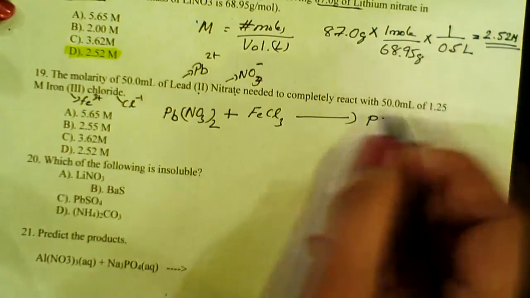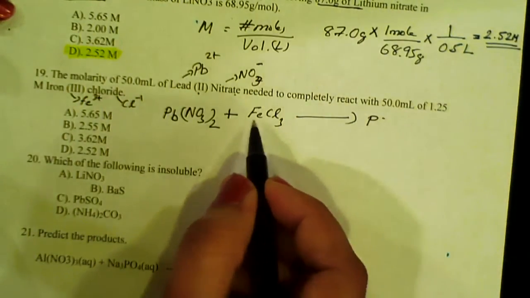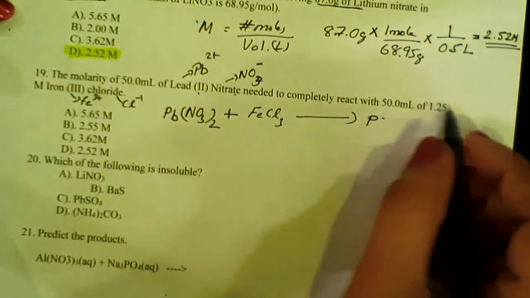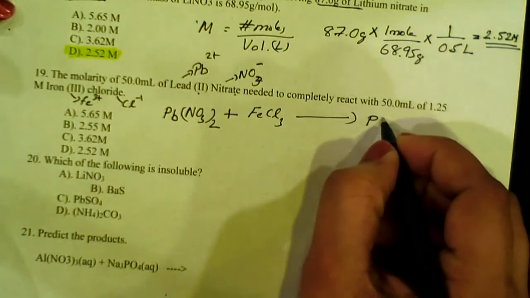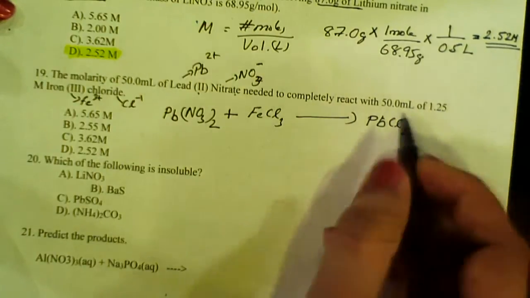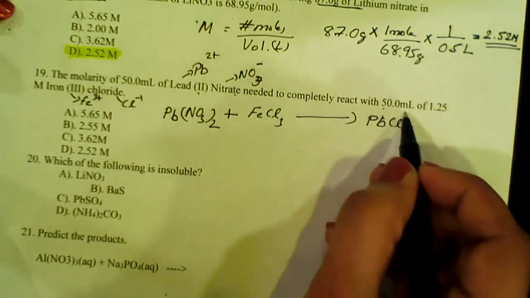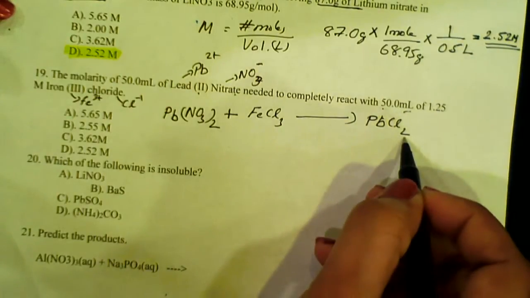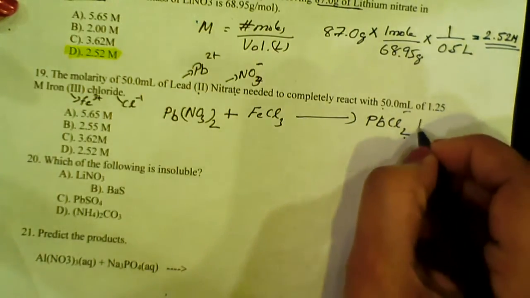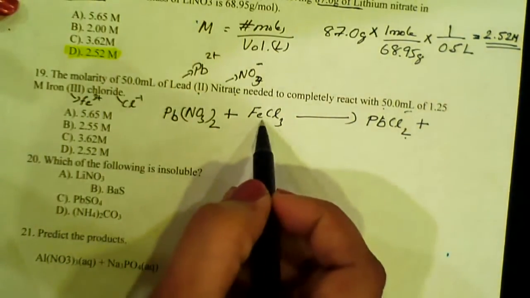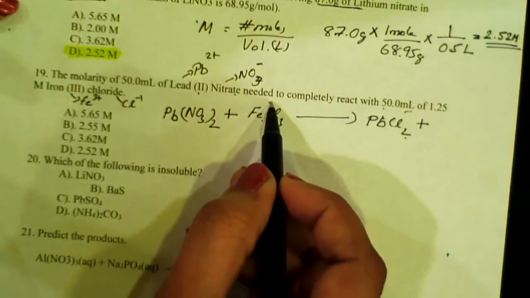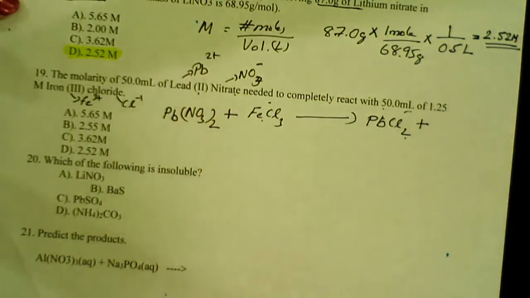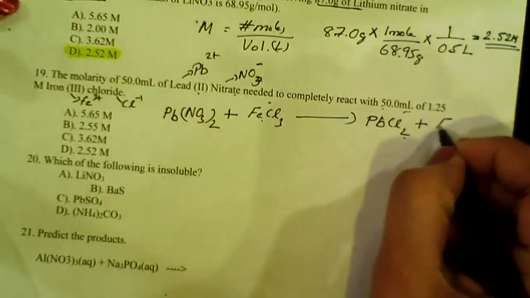which is, iron has positive 3 charge and chlorine is negative 1 charge. Interchange, you will end up with FeCl3. This is like two ionic compounds reacting, so just switch the anionic part. So the product will be lead chloride and iron 3 nitrate.